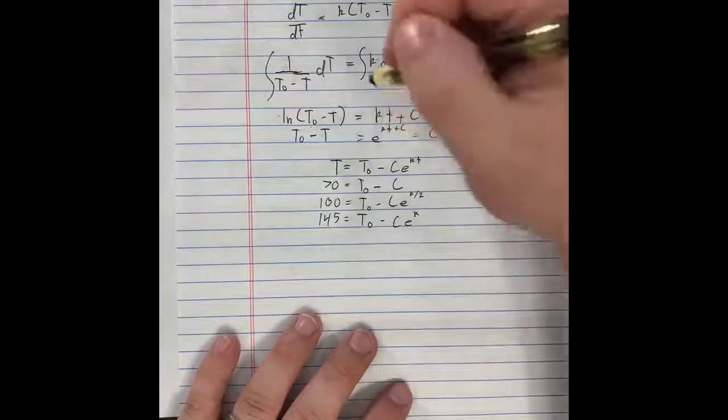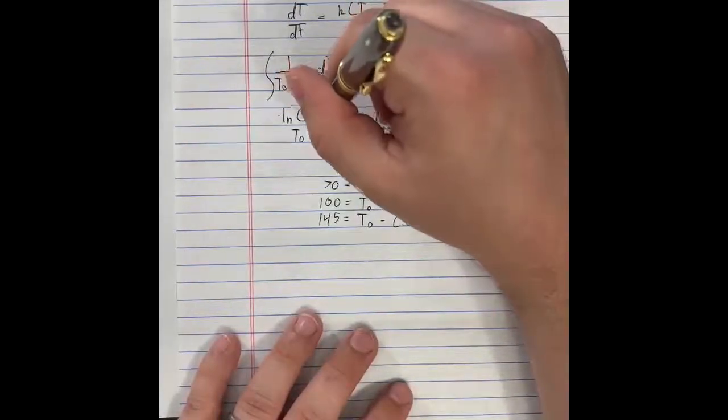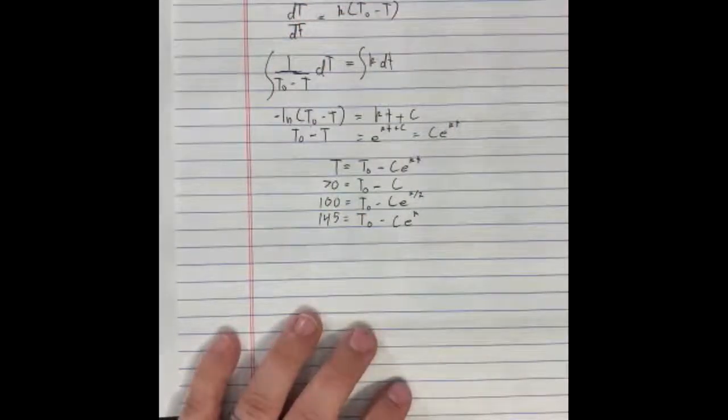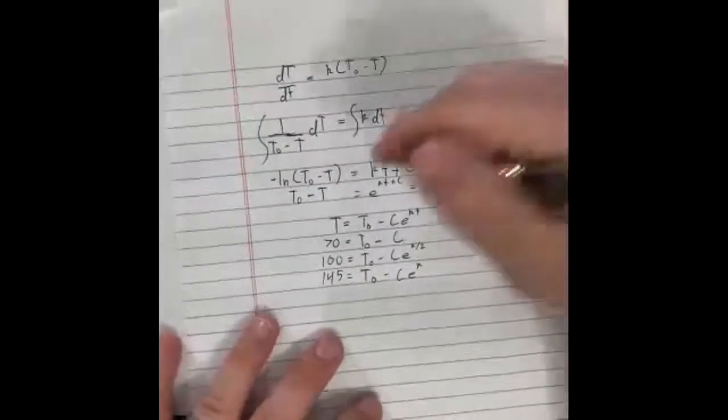Let's see here. I think that might be all that's happened, because I couldn't spot another real issue. Okay, that is true, because I forgot to do some chain rule right here.